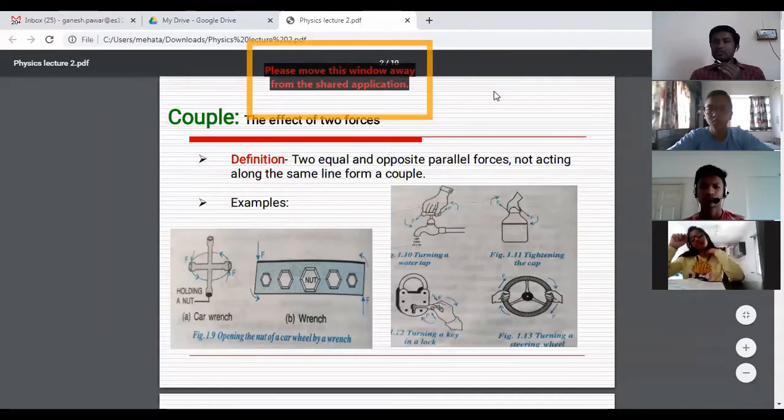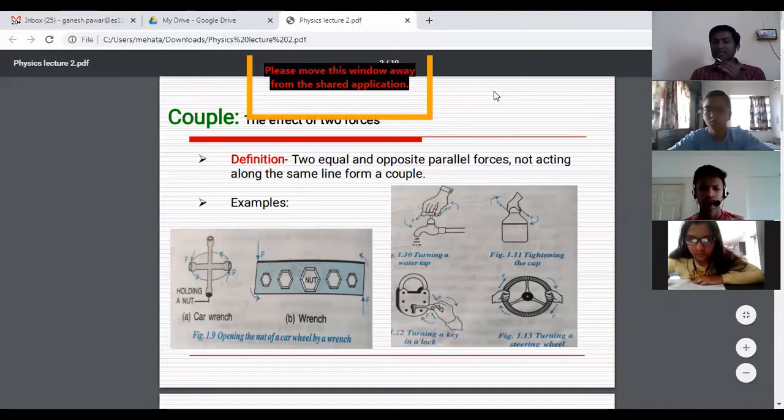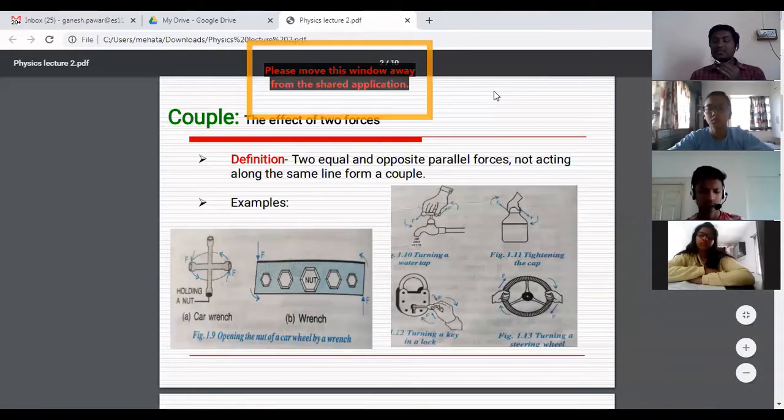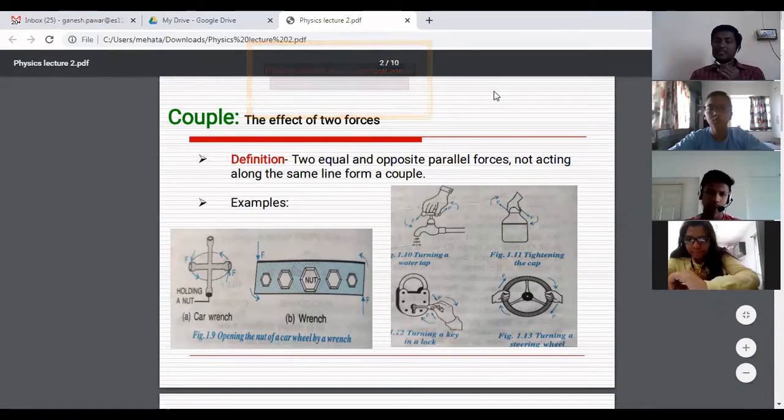But in the case of moment of couple, even if you change the position of the axis of rotation, the value of the moment of couple will always remain the same. So the moment of couple is independent of the axis of rotation, but the moment of force depends upon the position of the axis of rotation. Clear?